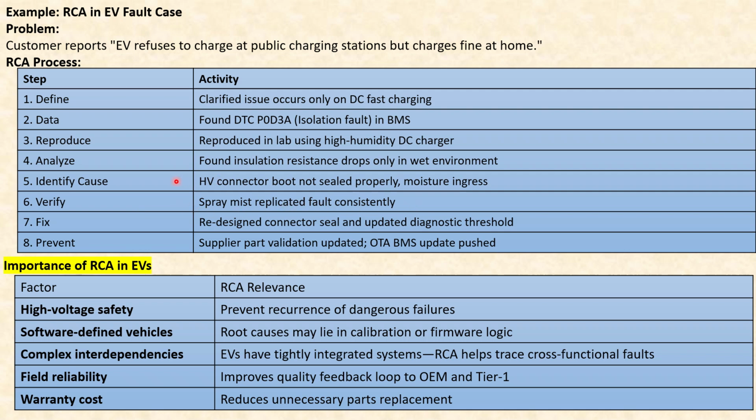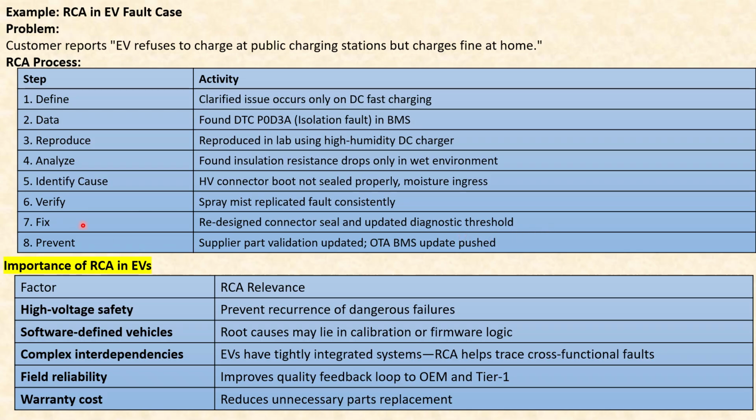To ensure that this is the root cause, you deliberately spray some mist so that this error comes in a consistent manner. Okay. Then you zero in that this is the root cause, and then you fix the connector. You redesign the connector seal and update the diagnostic threshold.